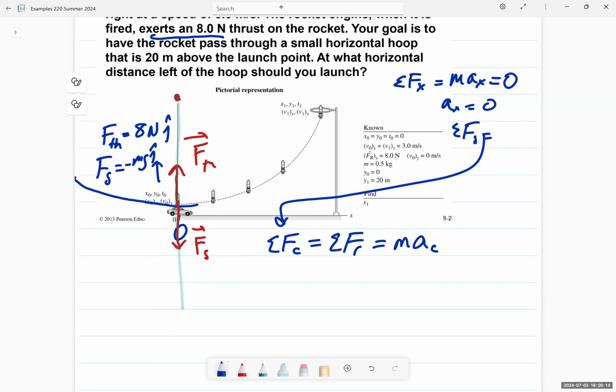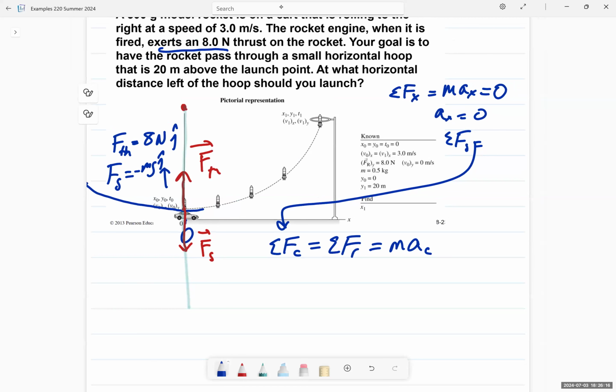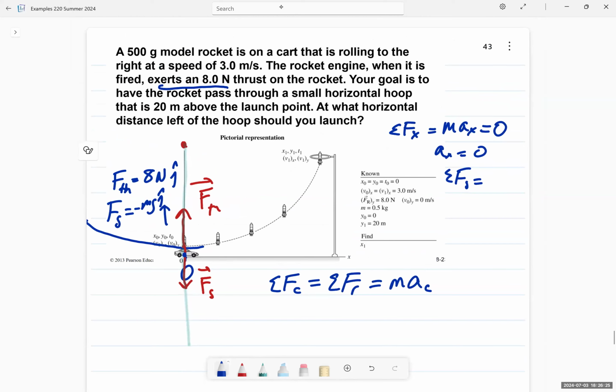All right, so what you want to do here is write things down a little bit. We're going to take the position of the rocket and the car at that instant to be the origin. We are told the mass is 500 grams, so we convert that to kilograms, 0.5 kilograms. So we write down what we know. The known values are mass, then horizontal, vertical, and initial time set to 0.